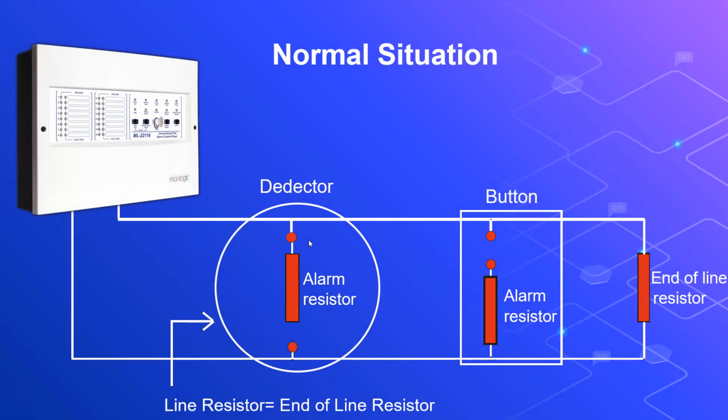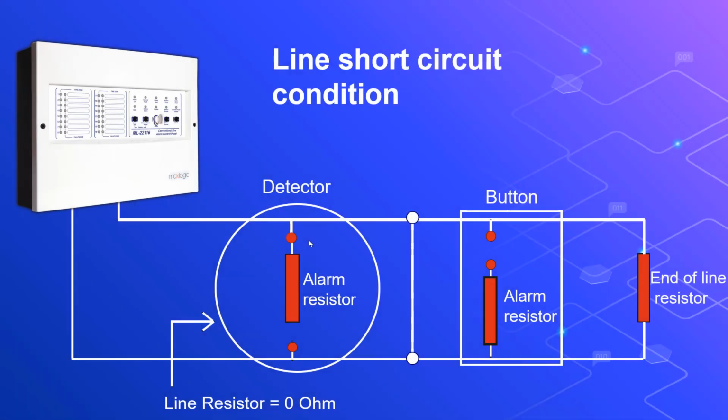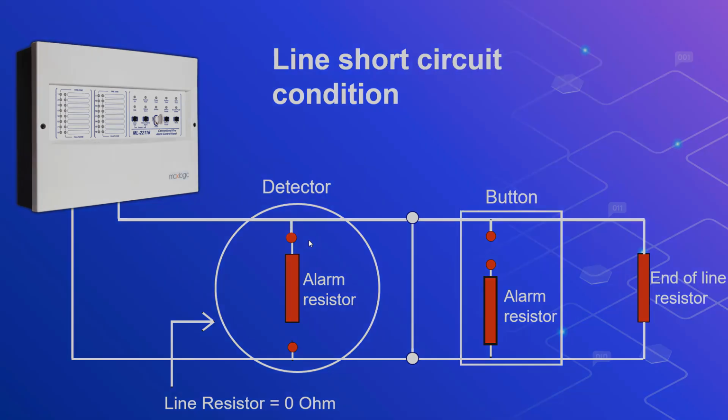In the normal situation in a conventional system, the line resistor is equal to the end of line resistor. In the event of a short circuit in the zone circuit, the line resistance is measured as 0 ohms. In this case, the fault LED for the respective zone is illuminated on the control panel.